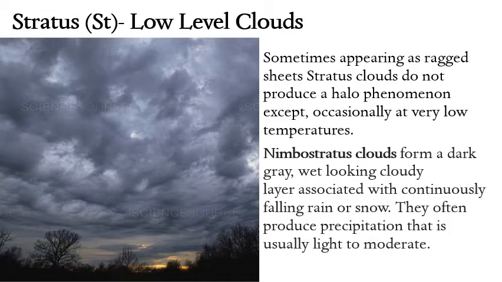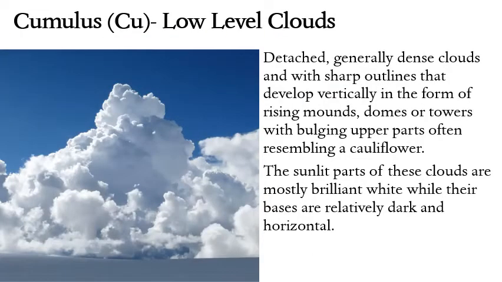So this is also a variant of stratus clouds. They often produce precipitation that is usually light to moderate. Only light to moderate rainfall is the weather associated with the stratus cloud.